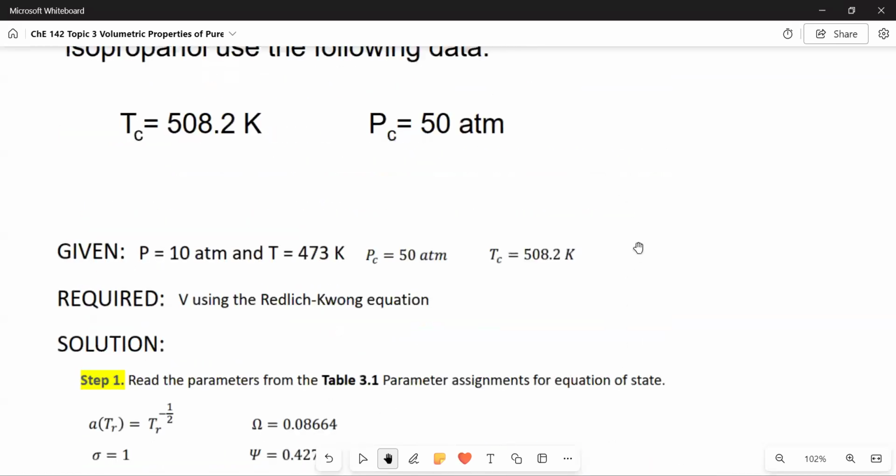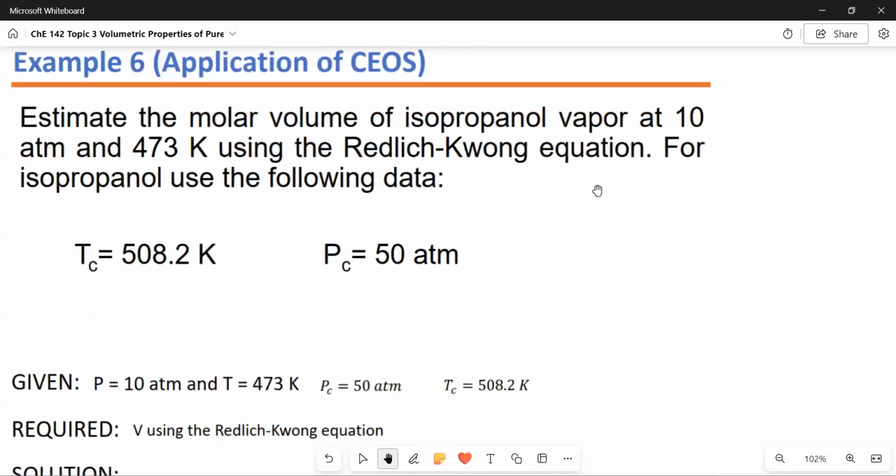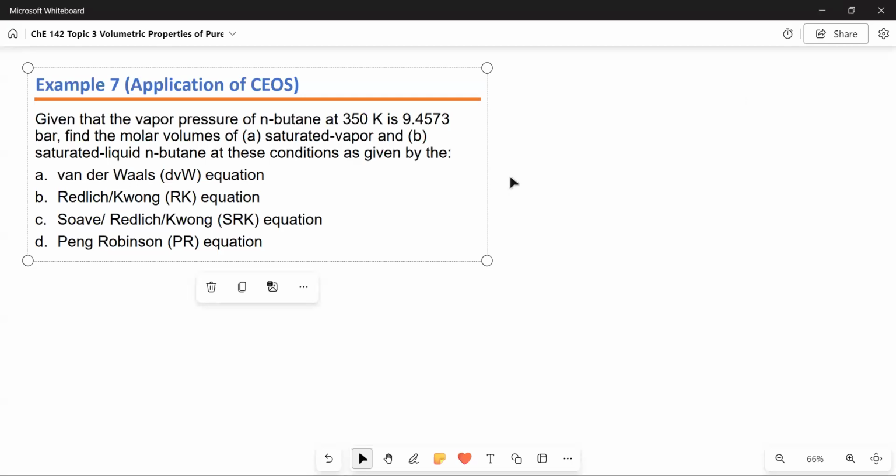All right, so that ends example 6. Let's move on to the next. Example 7. Still under the general cubic equation of state, given the vapor pressure of N-butane at 350 Kelvin and 9.4573 bar, find the molar volumes of saturated vapor and saturated liquid N-butane at these conditions, as given by the van der Waals, Redlich-Kwong, Soave-Redlich-Kwong, Peng-Robinson equations.